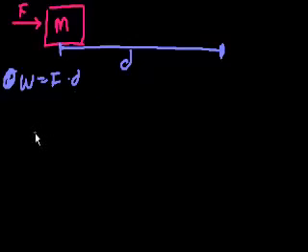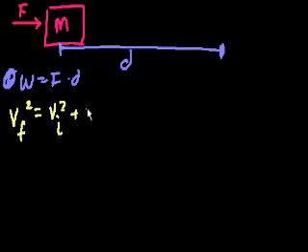If you remember your kinematics equations, and if you don't, you might want to go back, or if you've never seen the videos, there's a whole set of videos on projectile motion and kinematics. We figured out that when we're accelerating an object over a distance, the final velocity squared is equal to the initial velocity squared plus 2 times the acceleration times the distance.